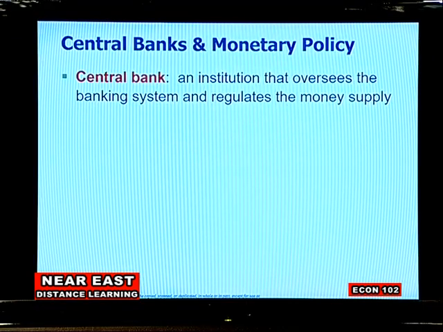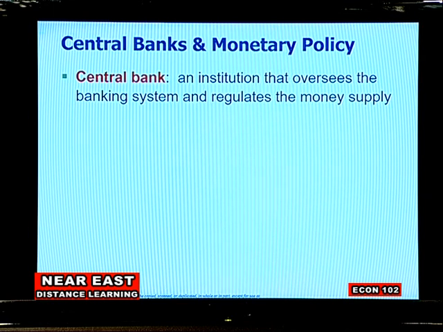Remember, earlier I mentioned that the central bank can at the same time be called the Federal Reserve. So the central bank is an institution that oversees the banking system and regulates money supply.